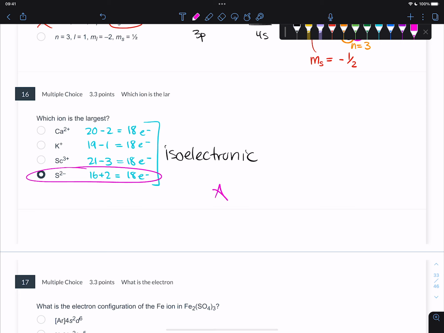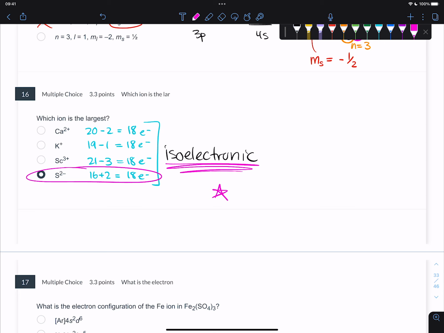So the main takeaway here is that when you have an isoelectronic series, which basically means a bunch of stuff that has the same number of electrons when they've gained or lost, so they all have the same configuration now, the largest one will be the one that gained the most electrons.